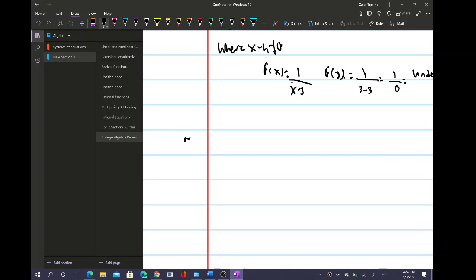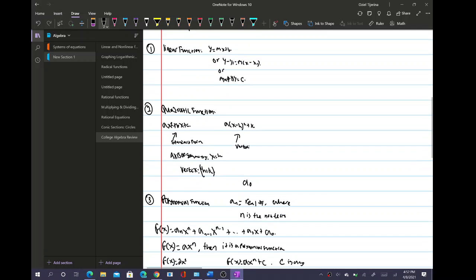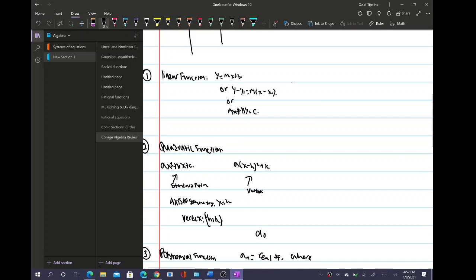Then the other one is the square root function, so that means f of x equals the square root of x minus h plus k. Let me do a little sketch of how each of them looks.